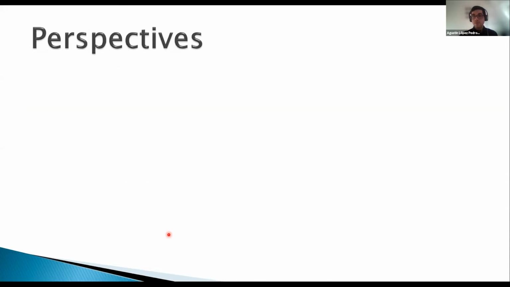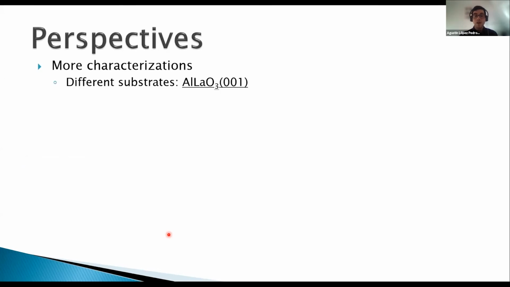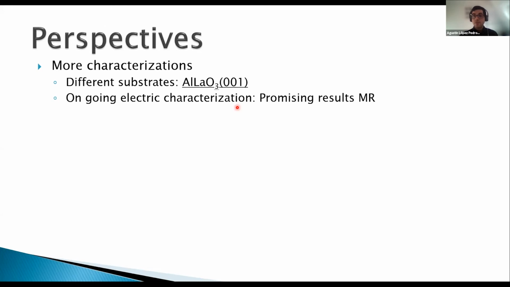And some perspectives, some measurements that we are doing right now. For example, we are analyzing other substrates, for example lanthanum aluminate, in order to understand what is happening when you have a different kind of strain. And also we are performing electrical characterization in order to get more insight into the properties of the film. And we obtained some promising results when we analyzed the magnetoresistance.